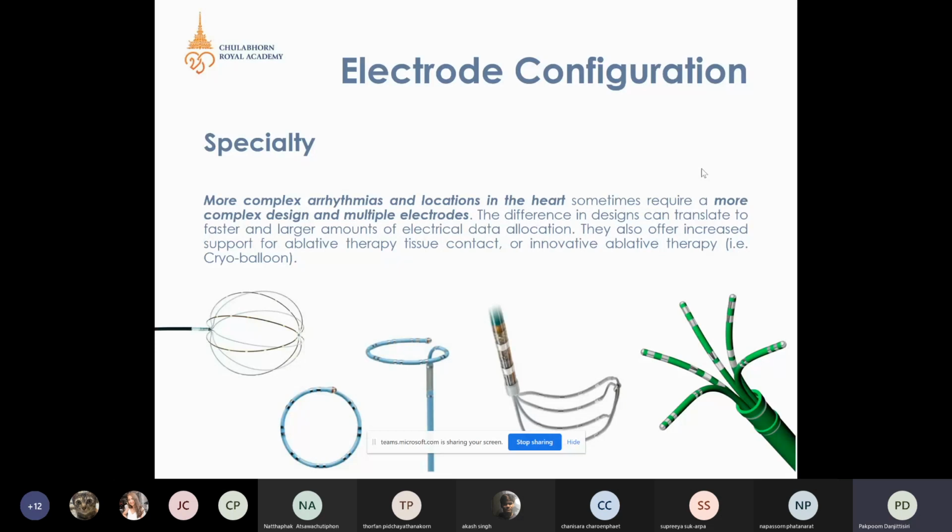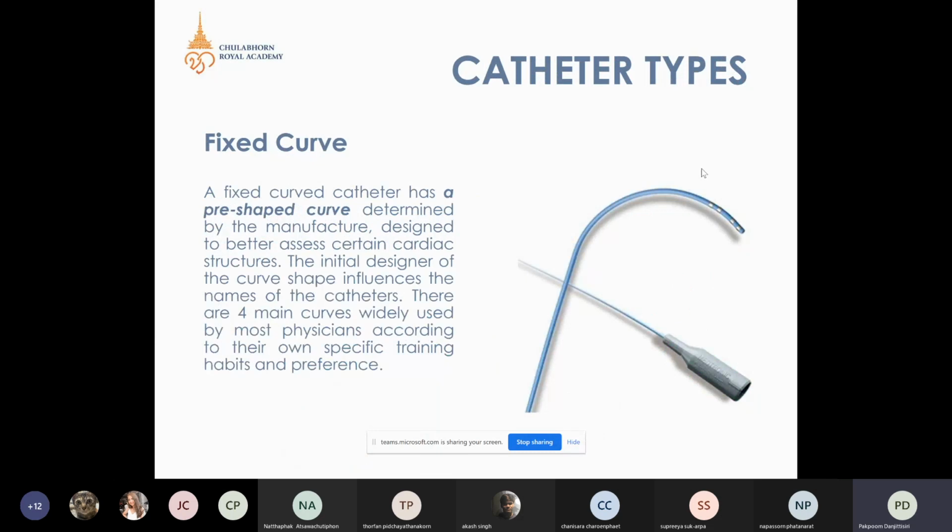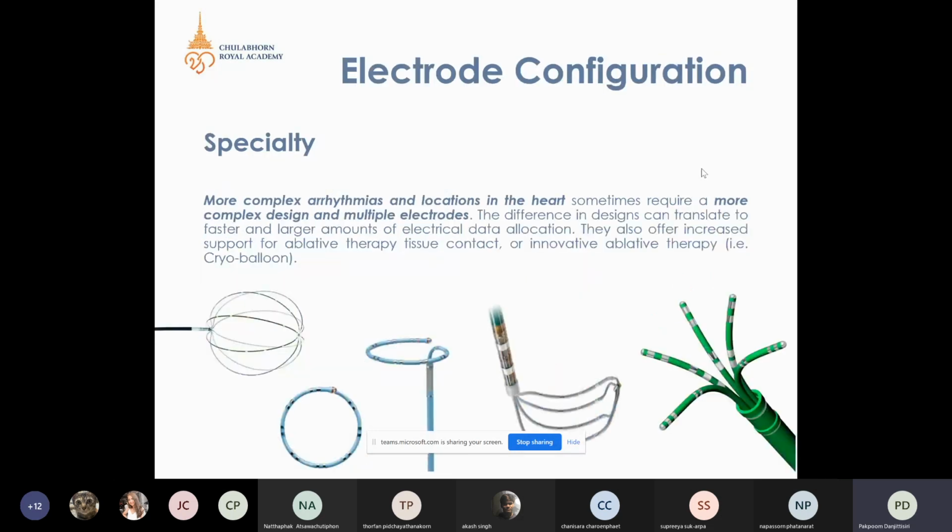If the arrhythmias are quite complex, or the locations are quite difficult to reach with the standard electrode catheter, the special electrode catheter is often used instead, because the difference in design can translate to faster and larger amounts of electrical data acquisition.